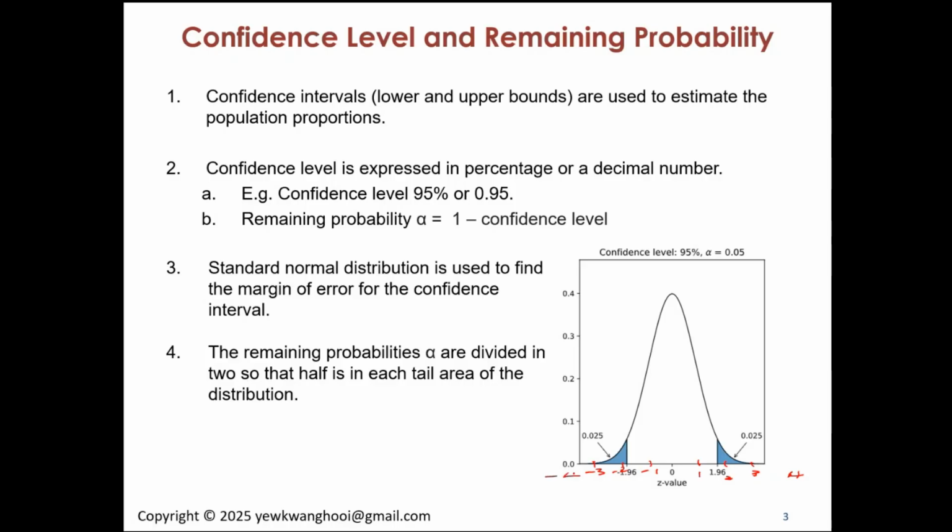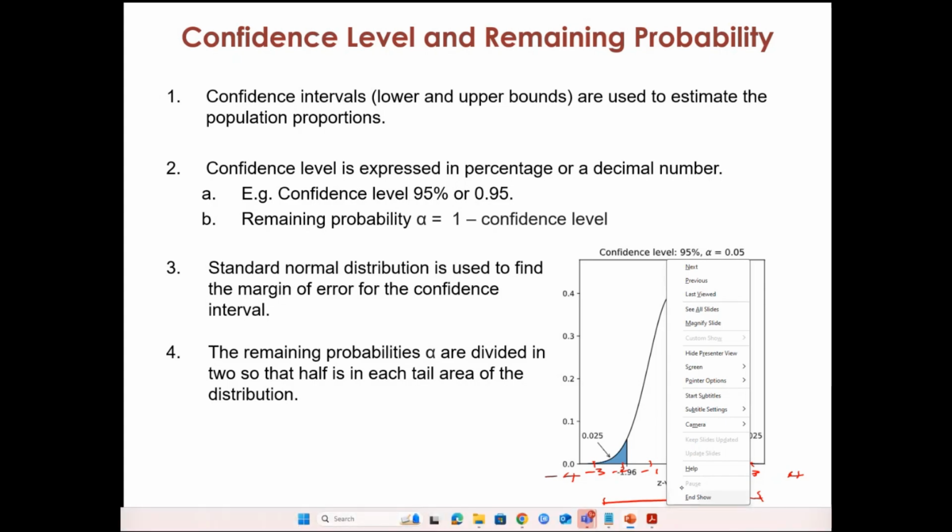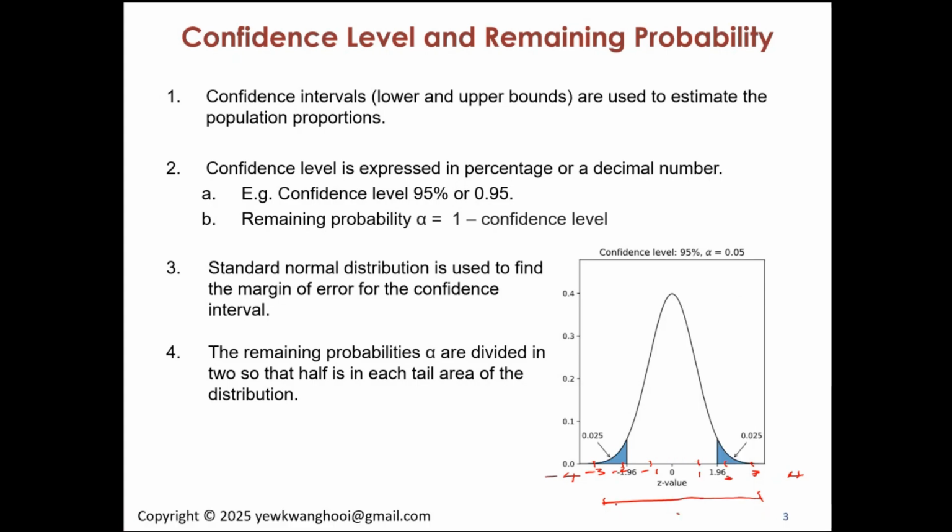Usually we don't show -4, because from standard deviation -3 up to +3, it will have covered 99.7%.